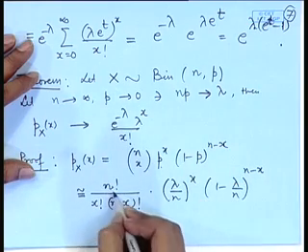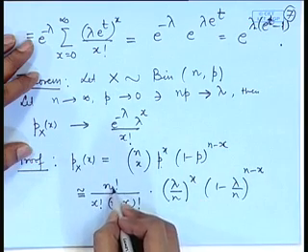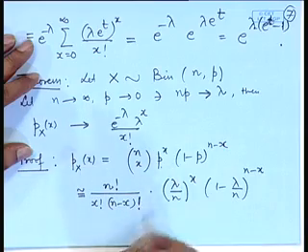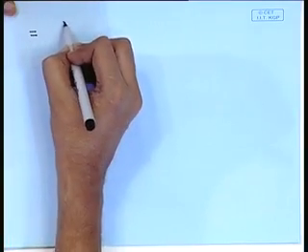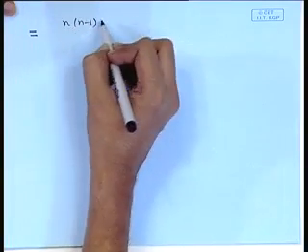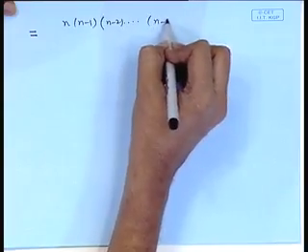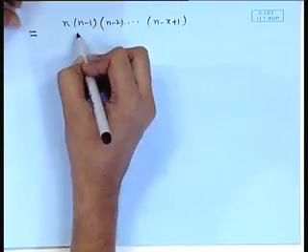Once again, in order to take the limit, since n tends to infinity and factorials are involved, we have to simplify these terms. So, we can write it as n into n minus 1, n minus 2, up to n minus x plus 1.